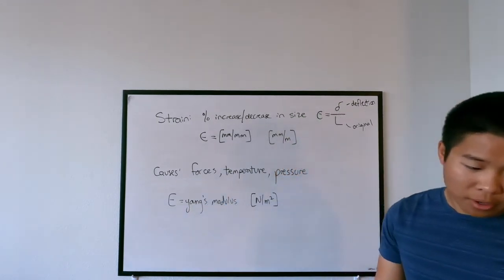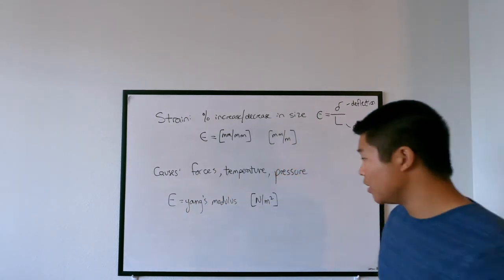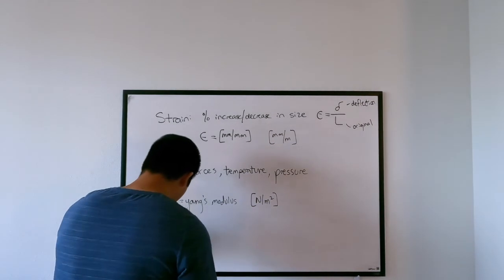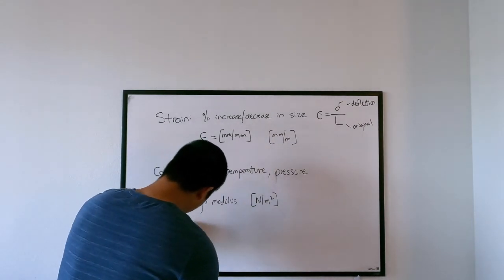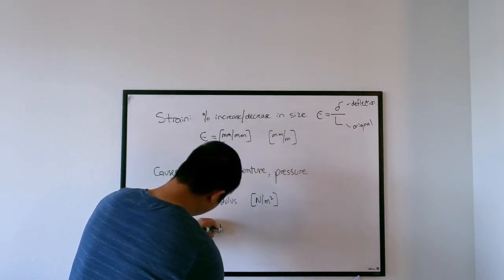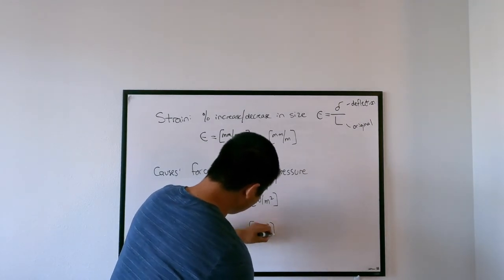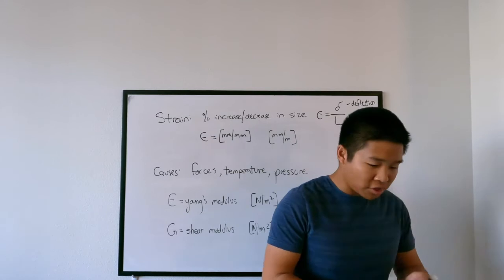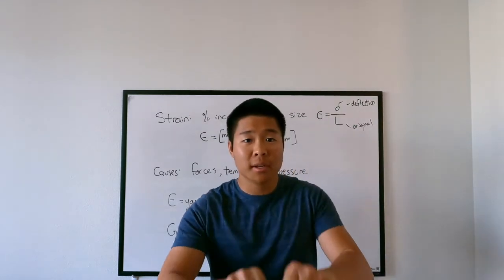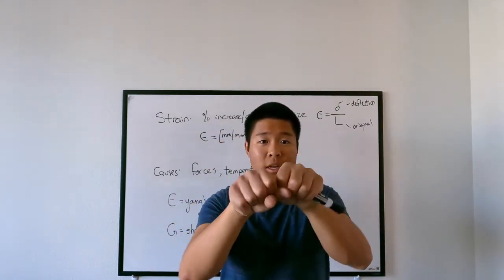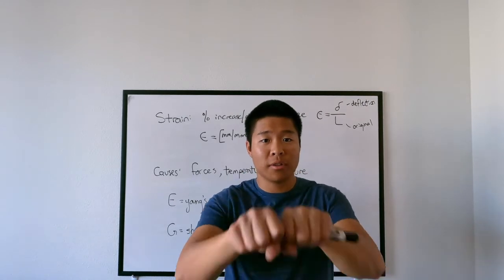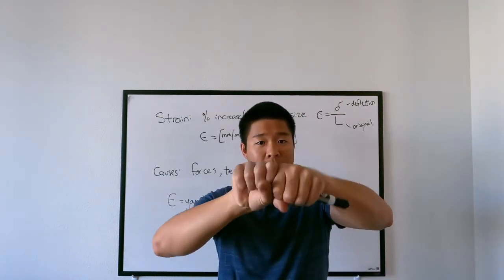Okay, and the other one that we are going to talk about is G, shear modulus, which also has units of newtons per meter squared, okay? So as you can imagine, Young's modulus has something to do with this, and the shear modulus has something to do with this and this, okay?